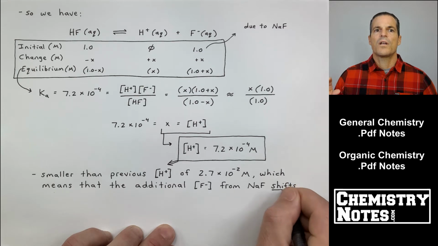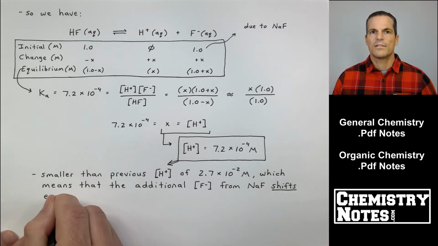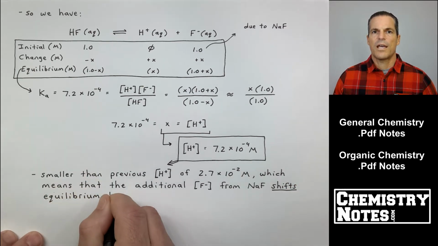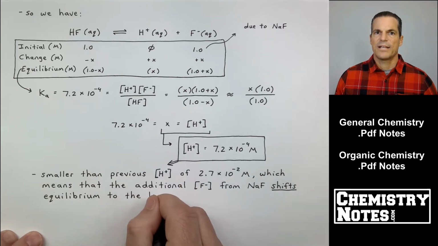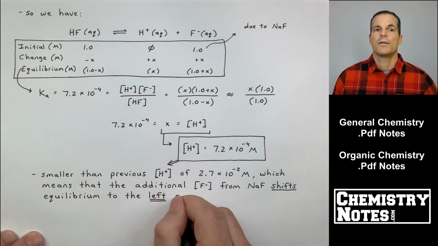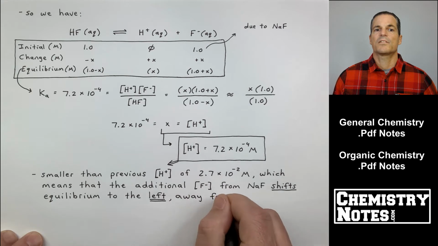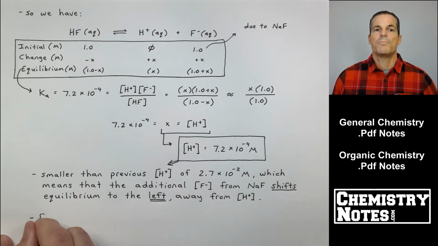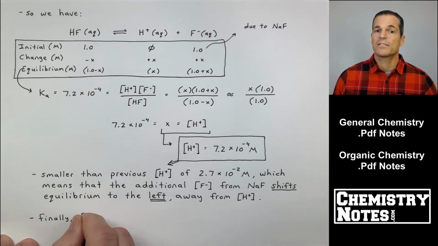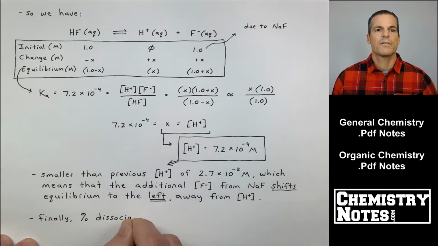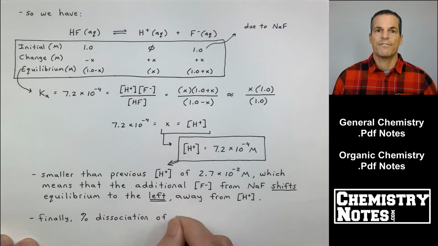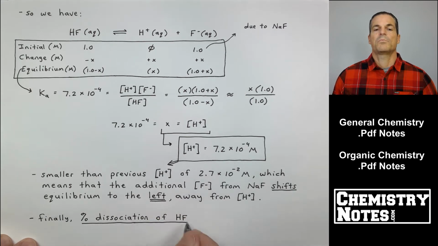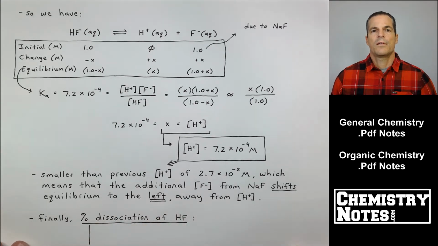And so we're not going to move to the right after time zero as much as we would have in the past. So it's smaller than the previous H plus concentration of 2.7 times 10 to the minus second molar, which means that the additional F minus concentration from NaF shifts equilibrium to the left, away from the H plus concentration. All right, that's that.